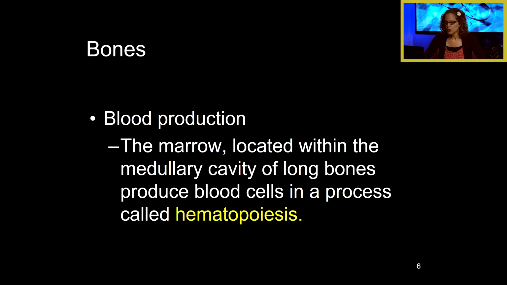The marrow, located within the medullary cavity of our long bones, produces blood cells in a process called hematopoiesis. This is an important word for you to know: the production of blood cells that takes place in the bone marrow is called hematopoiesis.